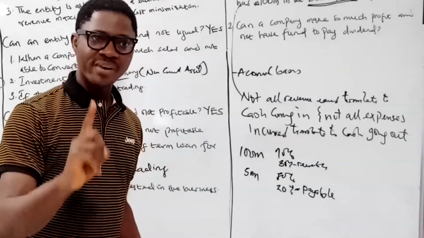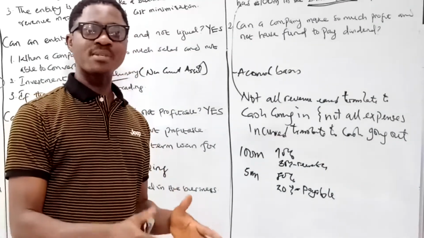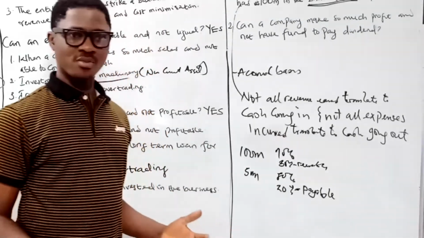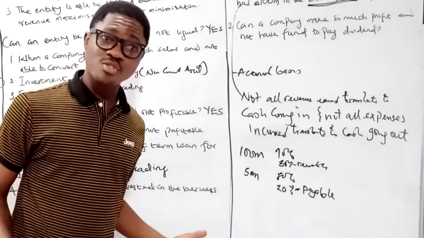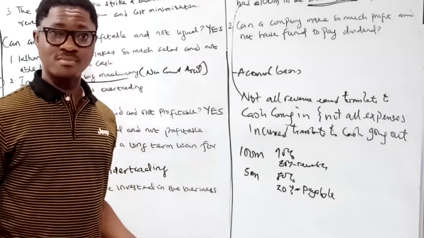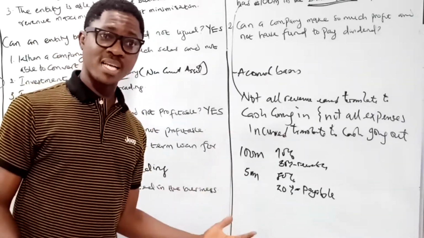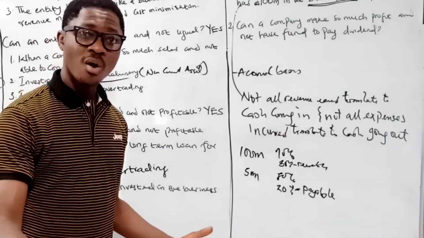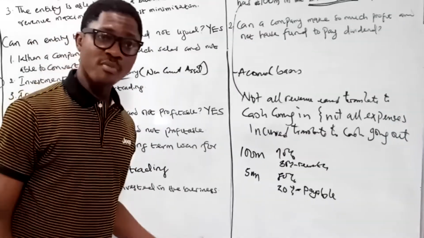I also gave an example of a contra debit or contra credit transaction. Depreciation is a non-cash transaction, a contra debit transaction. It is passed against the depreciation account and the accumulated depreciation account. Also, provision for bad debt.